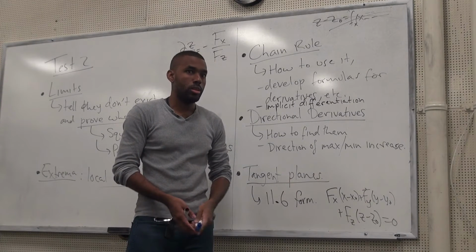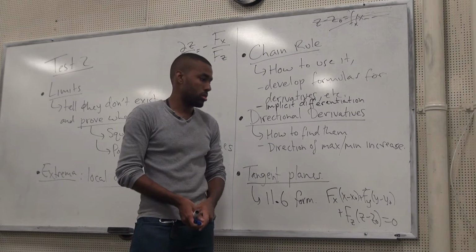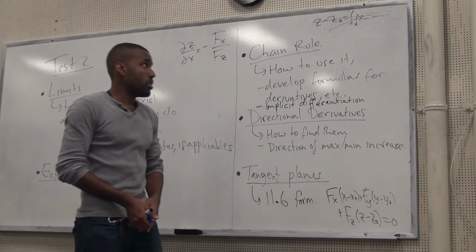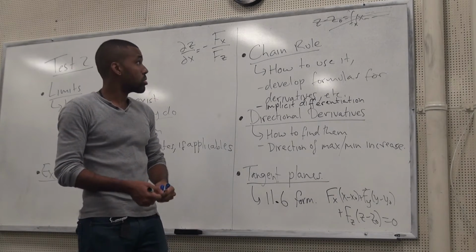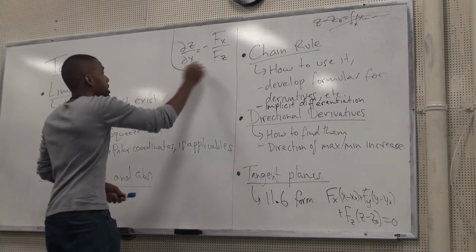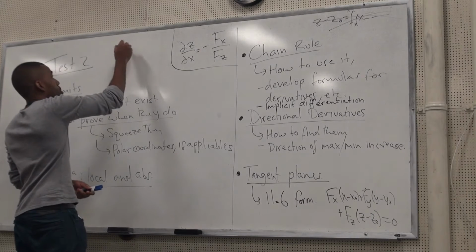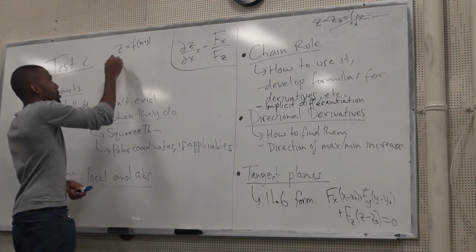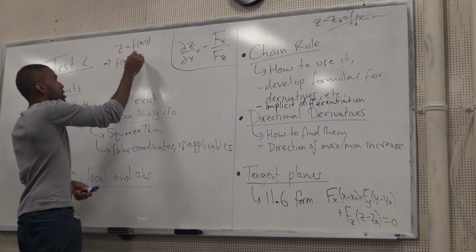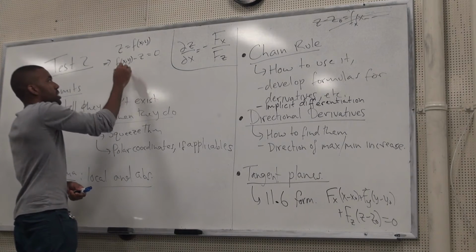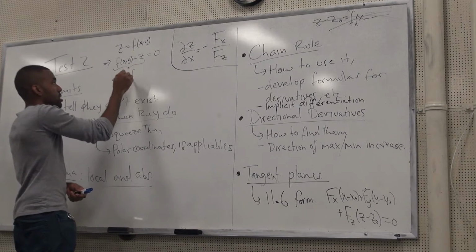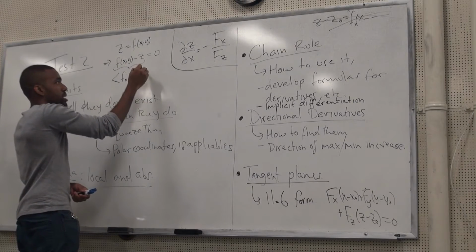So the linearization will be on it too. In the case where you have something like z equals f of x, y, what you would do is move everything to one side. And then if you take the gradient of this, the gradient would be f_x, f_y, and minus 1 for the z.